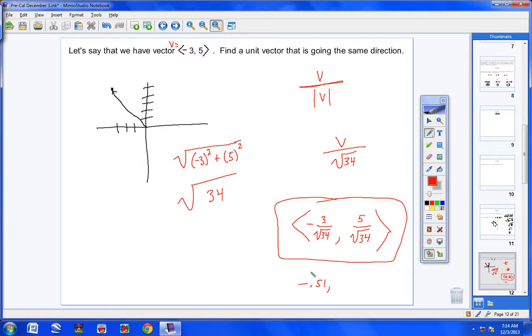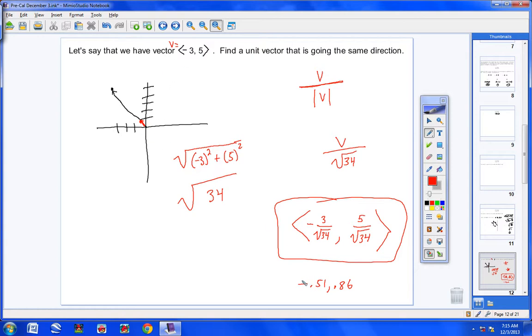And then 5 divided by the square root of 34 would be 0.86. So what we learned there is if you go over about a half, so right there, and then up almost a whole, about right there, it's real teeny tiny, but there's your unit vector right there, that dot right there, okay? And so you found a vector that has a length of 1 that's going the same direction as this vector.